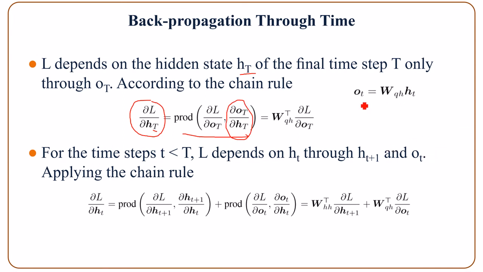Again, I brought up the formula from the previous slide for the output variable. Taking the derivative of O_T, with T at the final time step. Actually, T here is uppercase T at the final time step.